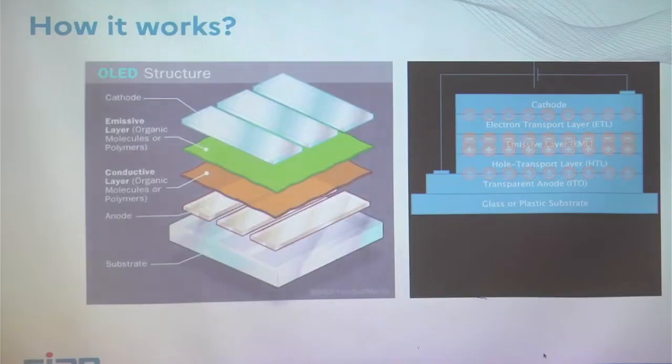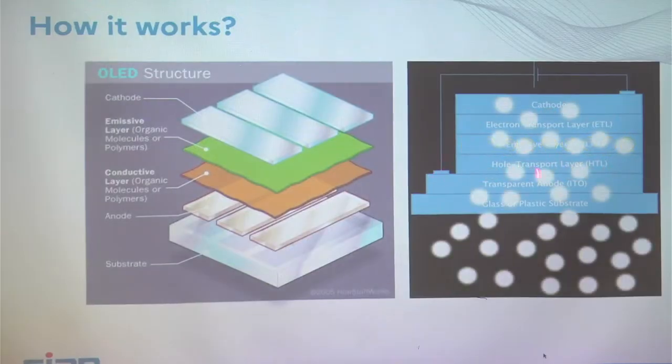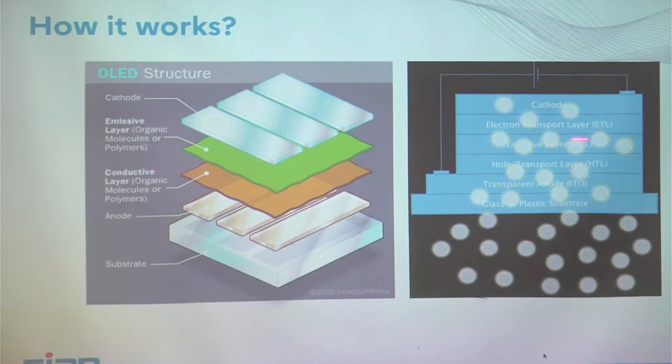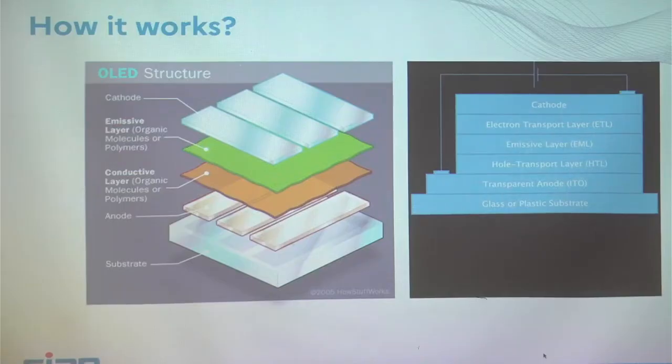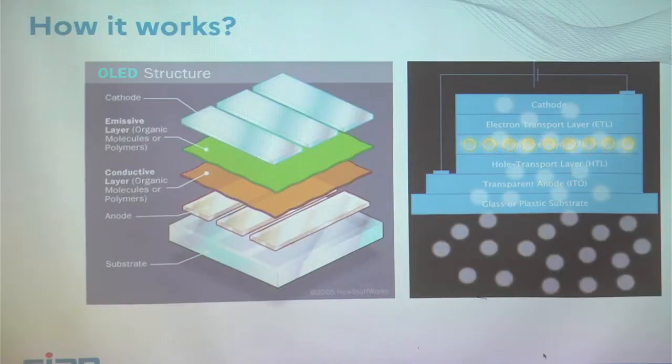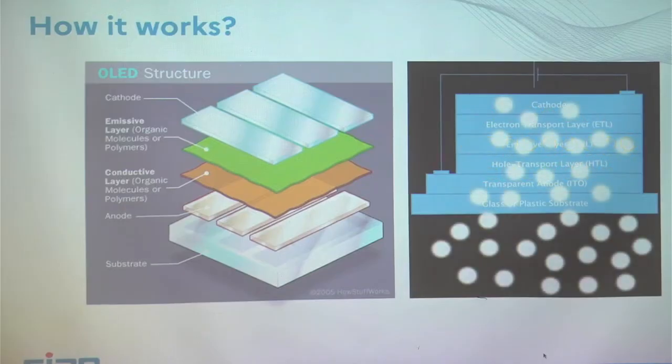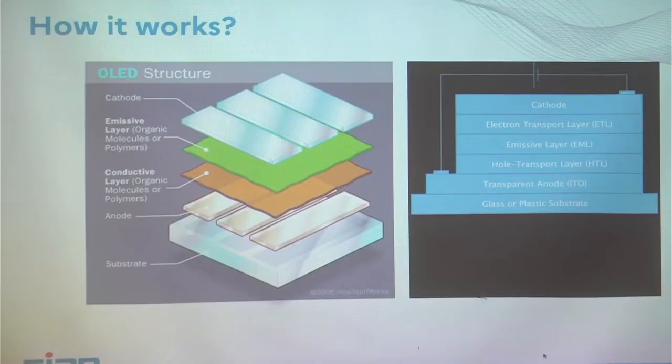And there is the way that it works. You have the cathode, you inject electrons here, then you have a plastic layer that allows the electrons to go in one direction. You have an emissive layer here, and from the other electrode you inject holes. You have a hole transport layer that allows the holes to arrive in the emitting layer, and in the emitting layer the holes will meet electrons.